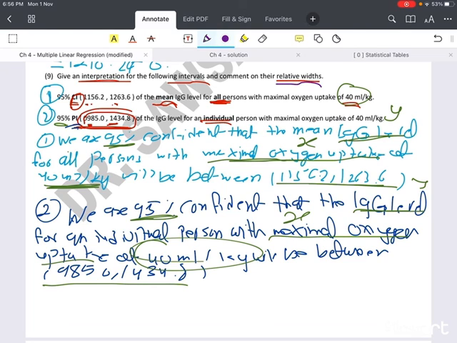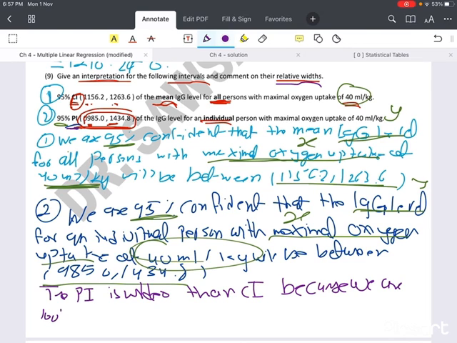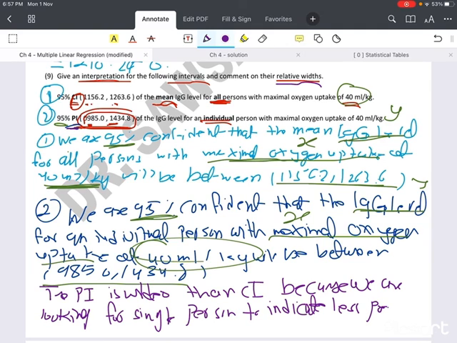The relative width: we said that the PI is wider than the CI. So you write: the prediction interval is wider than the confidence interval because we are looking for a single person to indicate less precision.